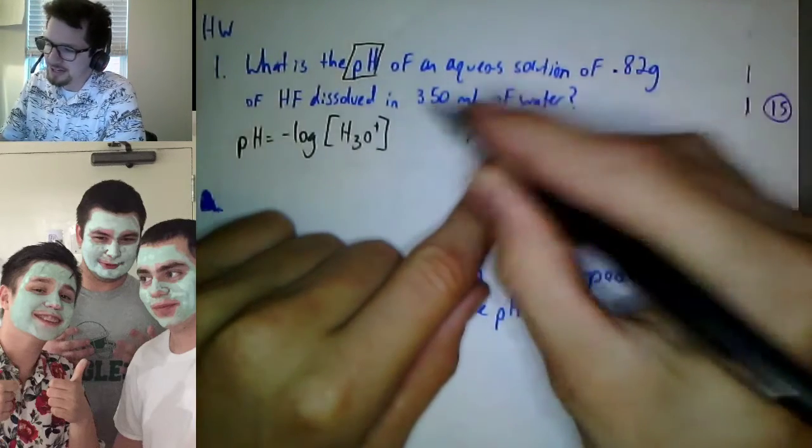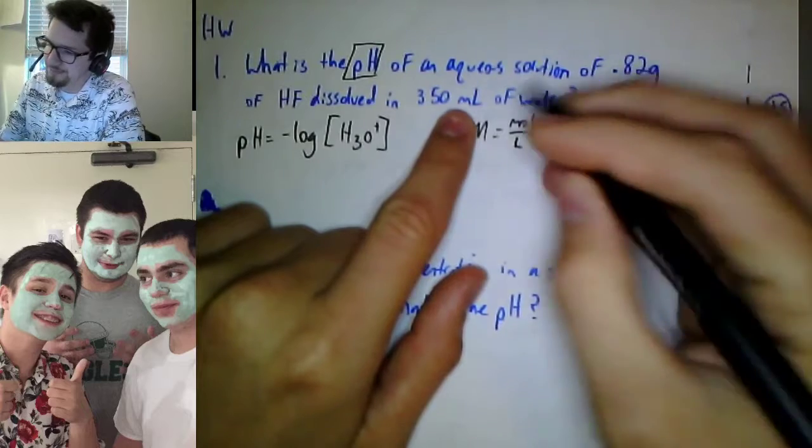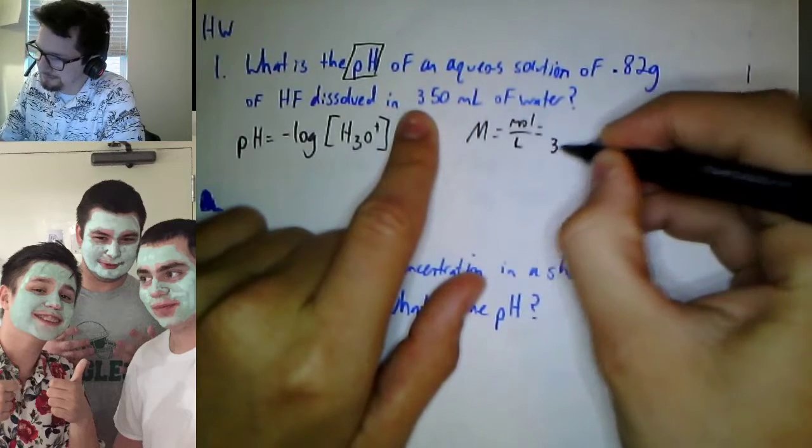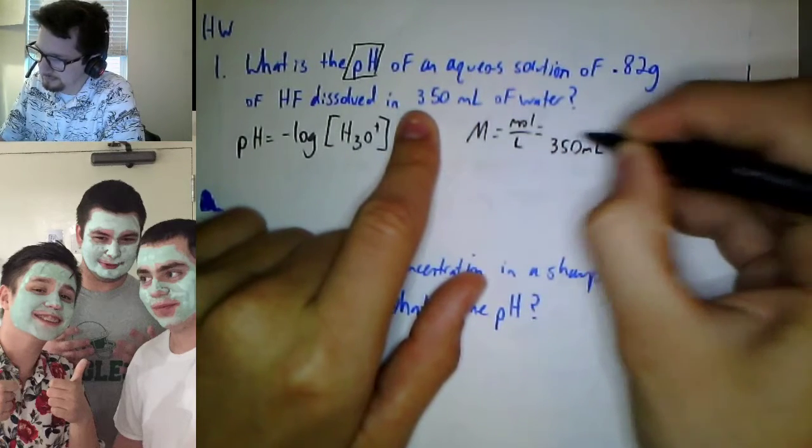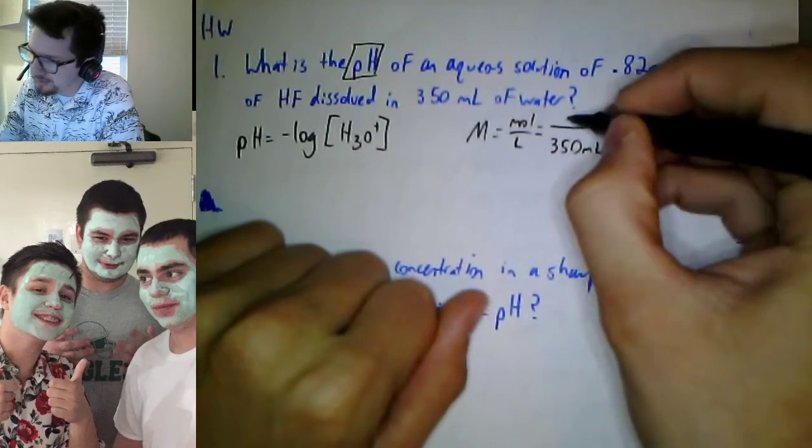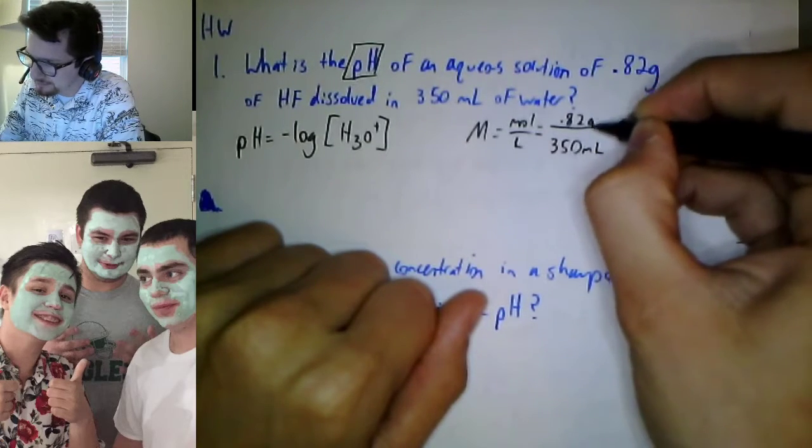Do we have moles? No. Do we have liters? Yes. So I'm going to plug in my liters in the bottom. And I don't have moles, but I do have grams. I'll put that in the top.